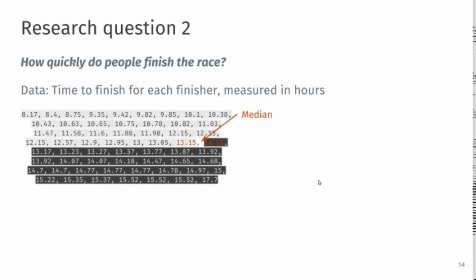Divide it into two equal halves. So remember, there are 60 total observations, so that means there's going to be 60 divided by 2 equals 30 observations in the bottom half. That's in the light gray background, and 30 observations in the top half, and that's in the dark gray background.